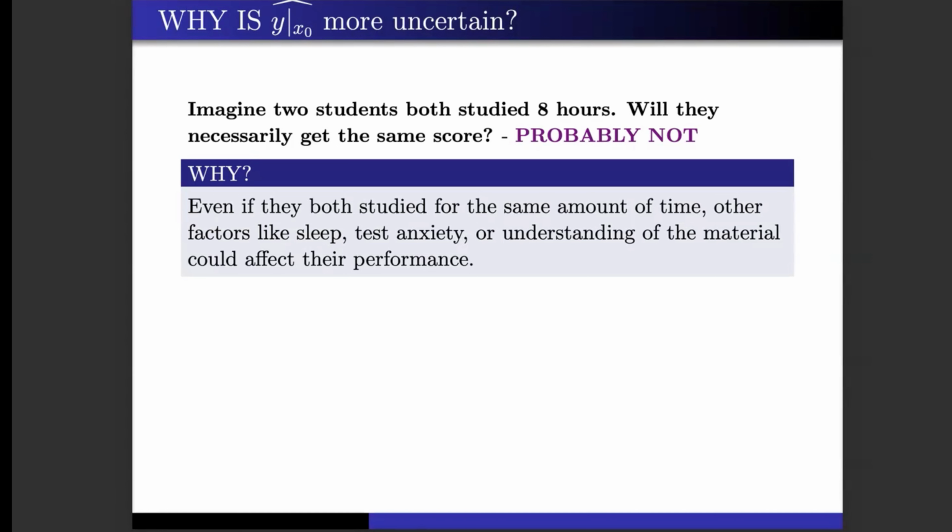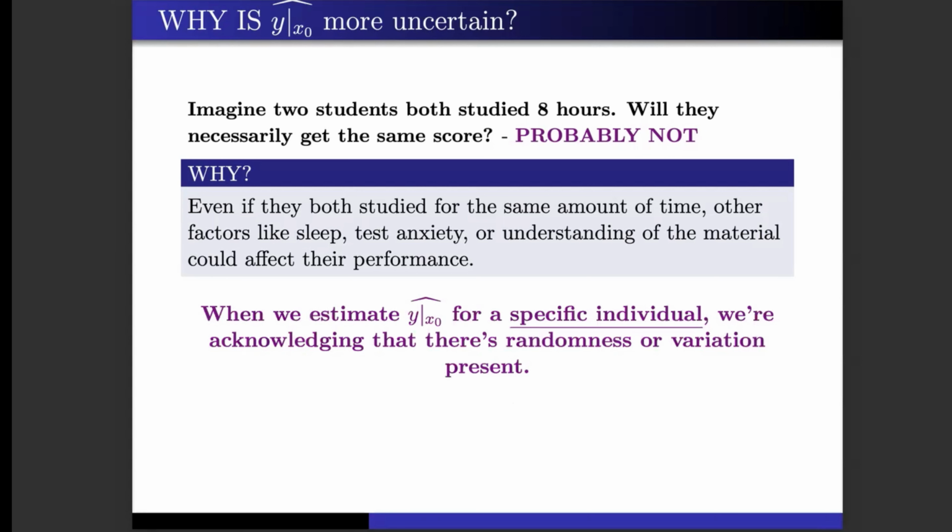Because even if they both studied for the same amount of time, there are other factors that might affect their exam score, such as test anxiety or understanding of the material. All of these other factors can affect their exam performance. So when we estimate an individual value of y for some given point x naught, we are actually acknowledging that there is some randomness or variation present there.